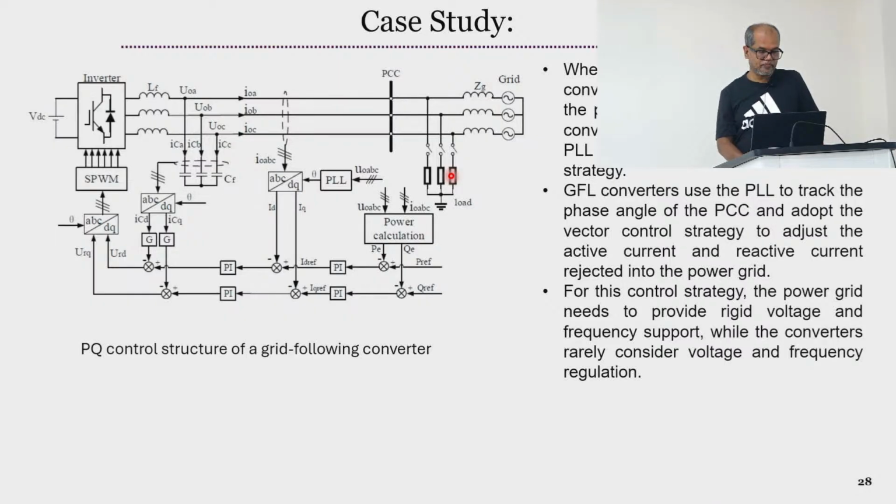Again, this is more detailed: you are measuring your ABC signal, then converting, then doing the power calculation, and then designing the control. At the end, after having that control signal output, because you are coming back to your main system, you have to go back from DQ to ABC. So that shows the whole thing.